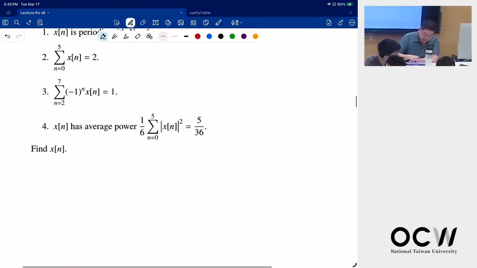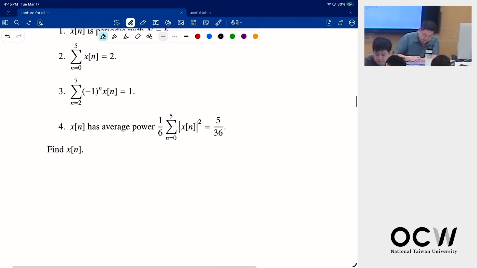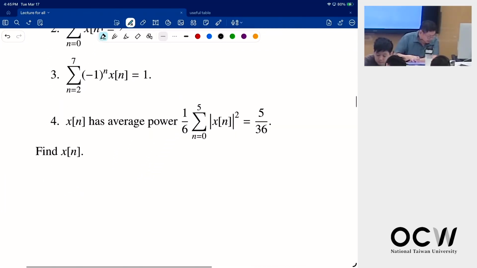So by the first hint, x is periodic with period 6. The fundamental period is 6.